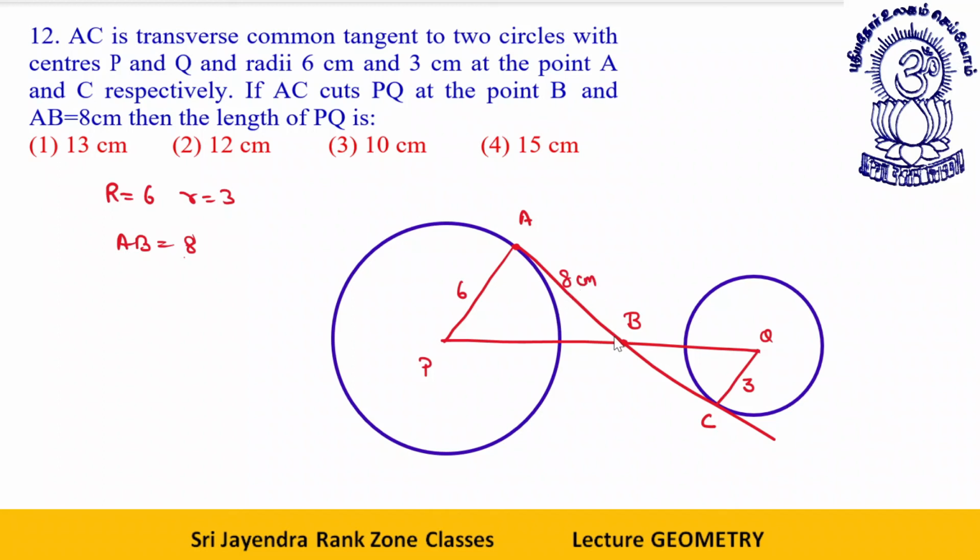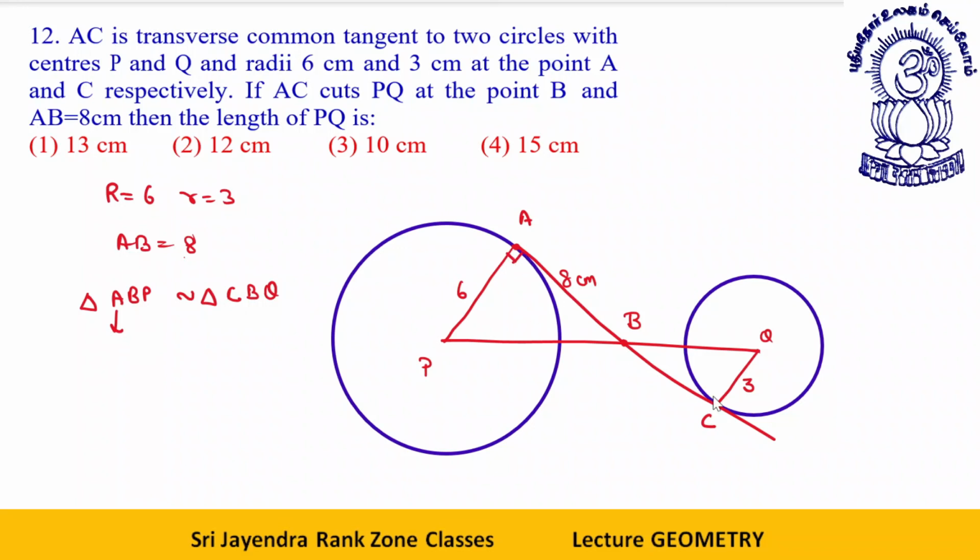See, these two triangles are similar triangles. How come these two triangles are similar? I say triangle APB, or I'll say ABP, that will make things easier for you, is similar to triangle CBQ. See how come? What is angle A?